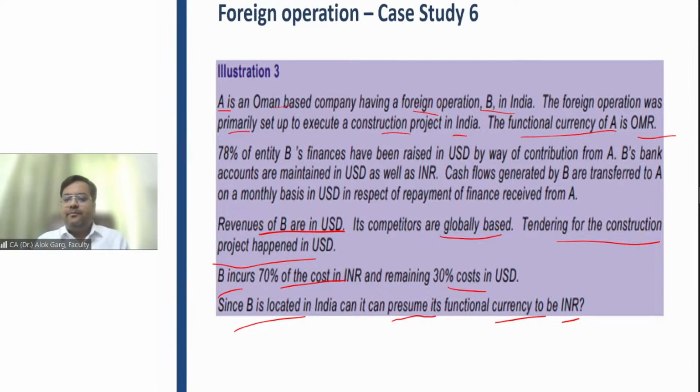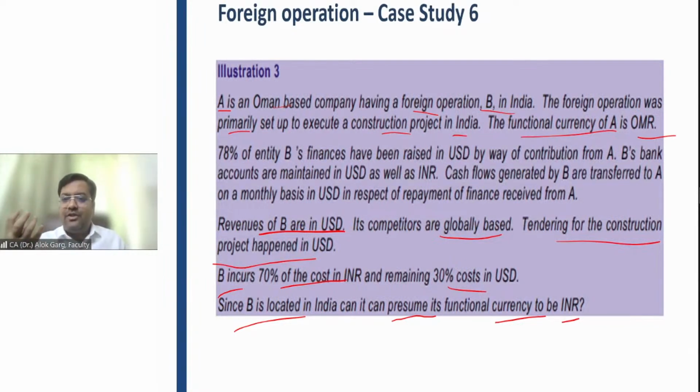Second, B's bank accounts are maintained in US dollar as well as in INR. It means whatever money comes in, it is not transferring the entire money to A, right? B is maintaining its bank account in US dollar as well as in INR.